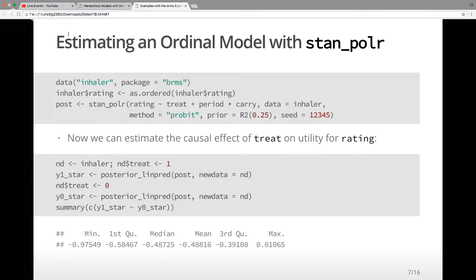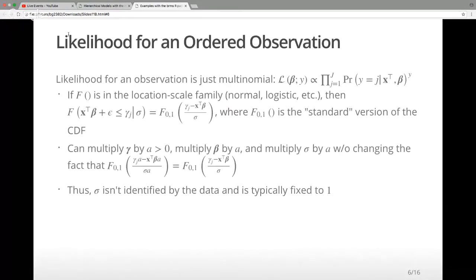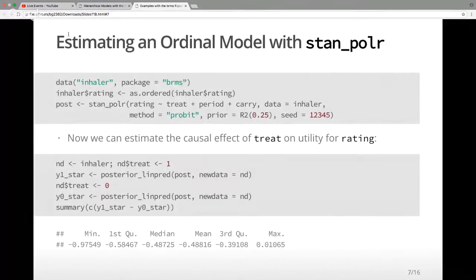In this case, like I said before, the standard deviation of the errors is fixed to 1. And so you're basically saying, okay, if the error variance is 1, what is the variance of x times beta, relative to that?